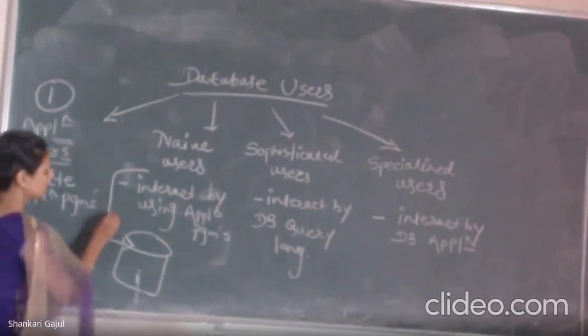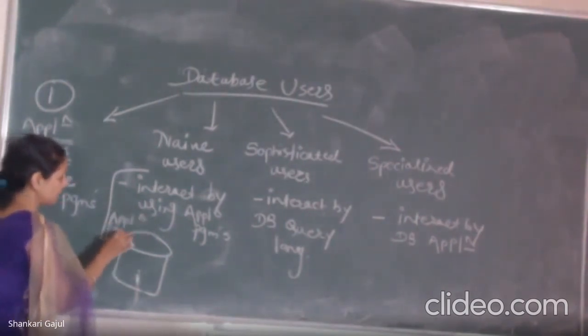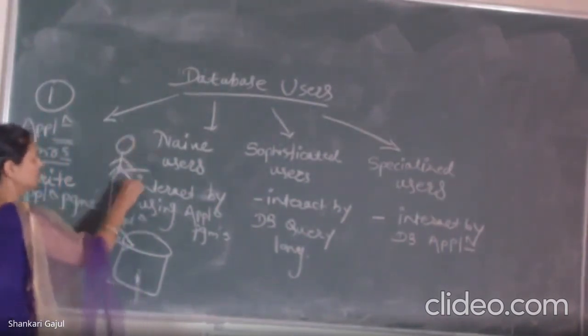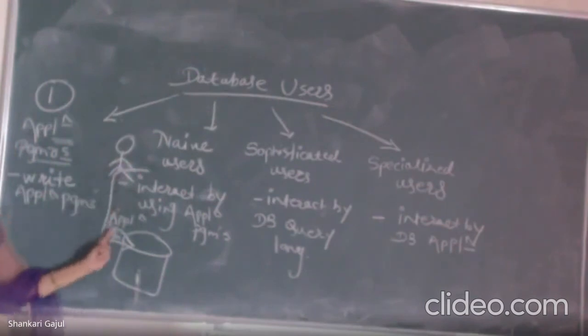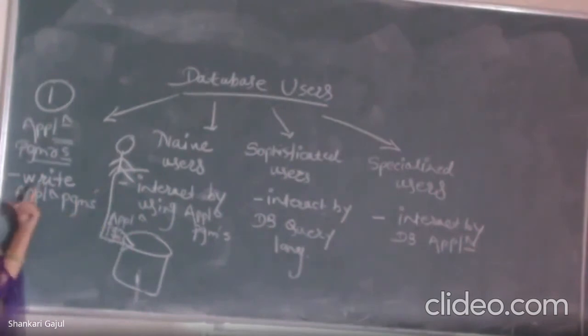Okay. So this kind of user directly interacts with or directly accesses the data from the database by using the application program, the programs which are already written by the programmers. Okay.